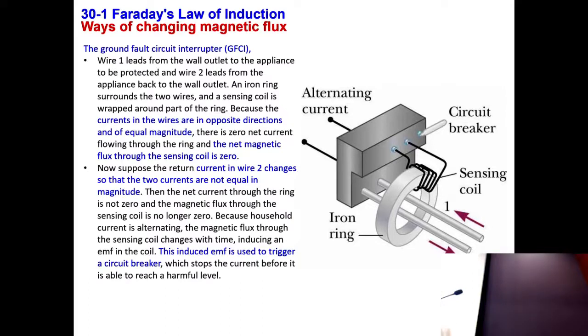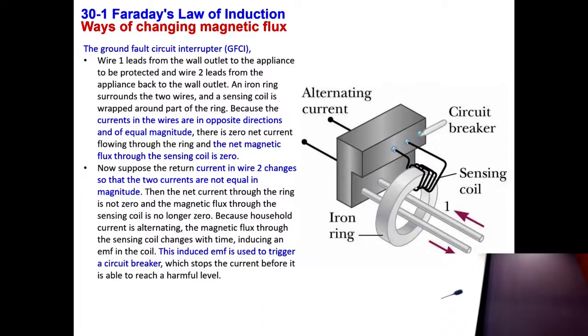There is a current going to your device to energize it, to give it power. Then there is a current coming back from your device. In normal conditions, the current moves out and into this loop. This here is a coil, and the coil controls a switch.